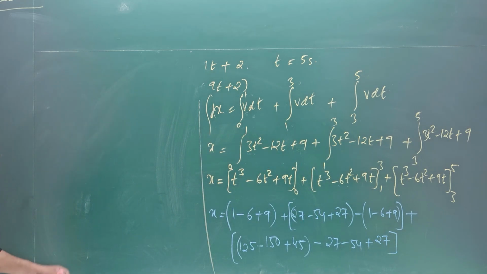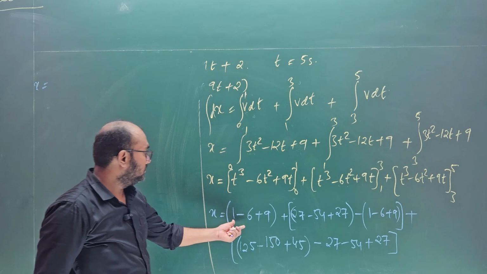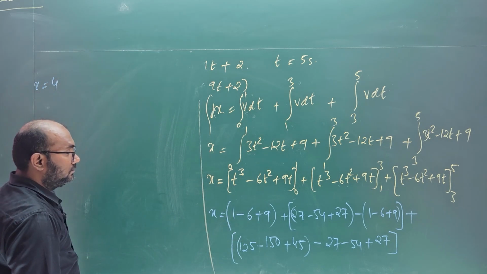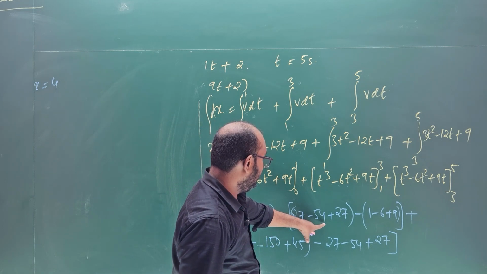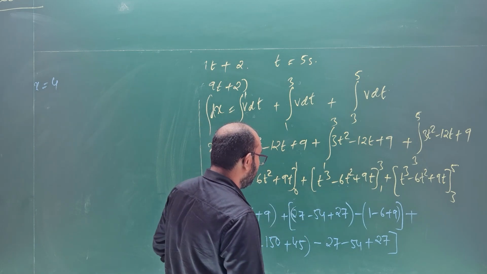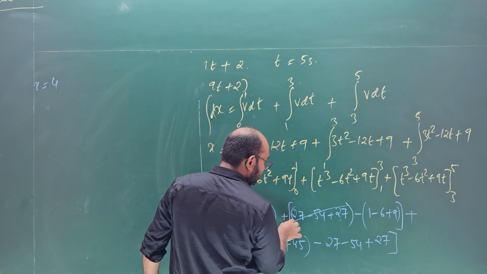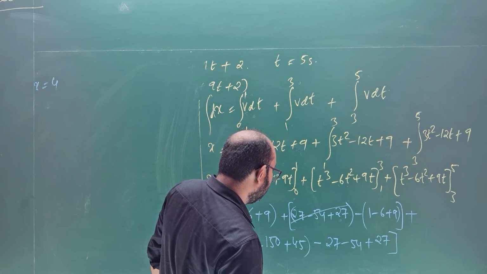Okay, solve this. So x is equals to, this becomes 4, then 27, 54, and this gets cancelled, 27 27, 54 54 plus this 54. So this gets cancelled. Similarly, can I say in the denominator also it can cancel?